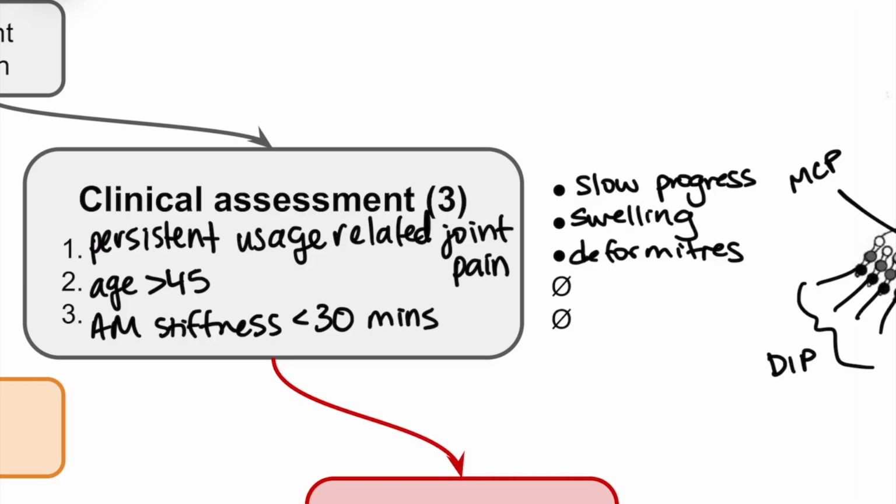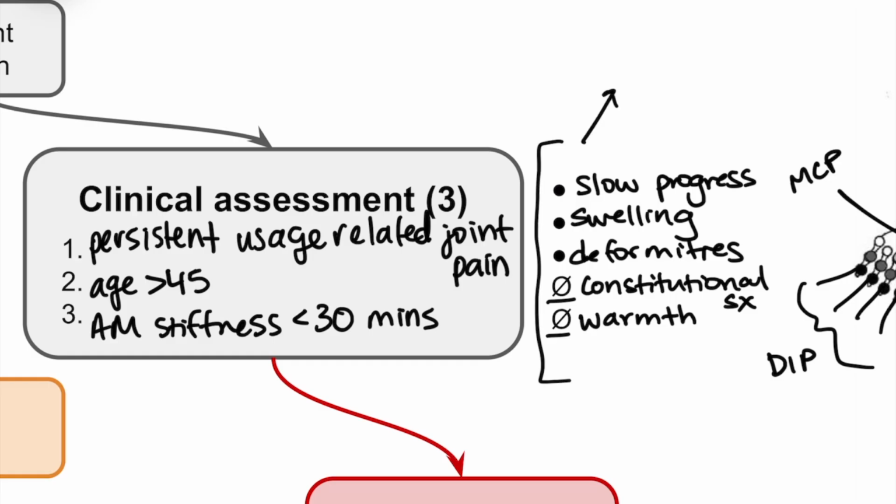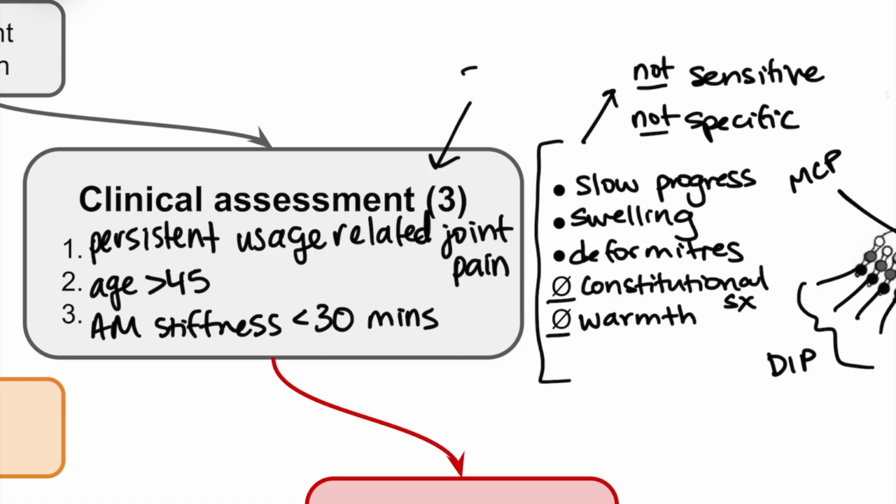And then we want to make sure that they do not have constitutional symptoms like fever, chills, night sweats, and then joint warmth also should not be present if the patient only has osteoarthritis. Of note, these are not sensitive or specific. And that's why we really focus on these 3 clinical assessment items.